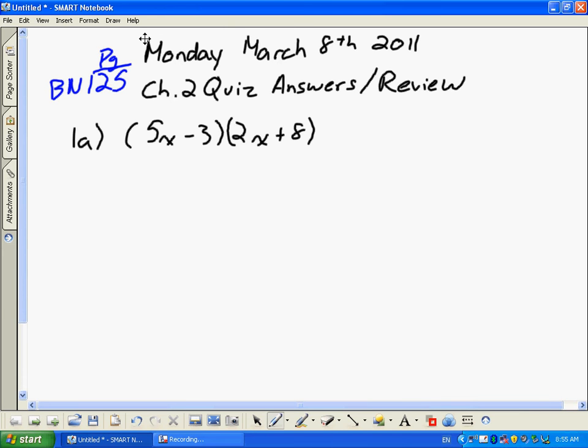So we're going to deal with the first numbers, 5x times 2x. That would be our first for FOIL. Our two first numbers would be 10x squared when we multiply the two of them. Outside numbers would be 5x times 8, which is going to give us our positive 40x.